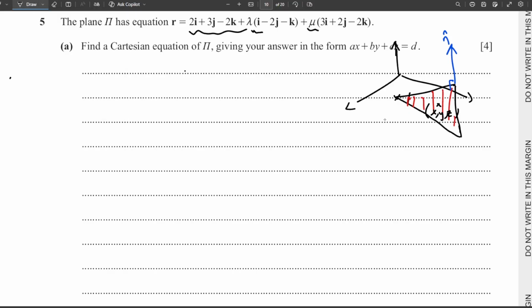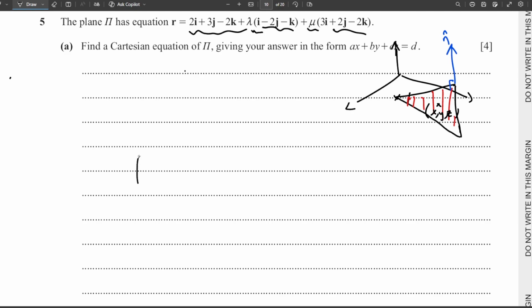First of all, we find the normal vector by doing the cross product. But on which vectors? We have these two direction vectors here, which form the plane, and therefore when we do the cross product on them, we will get the normal to the plane.